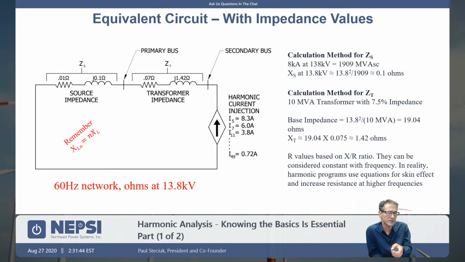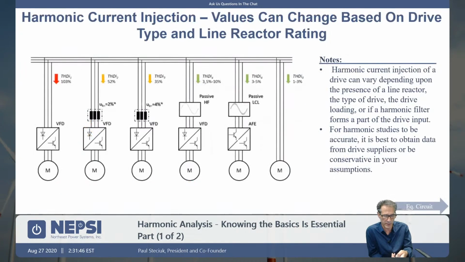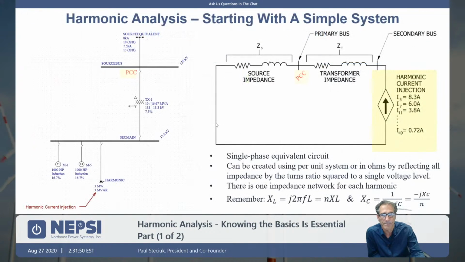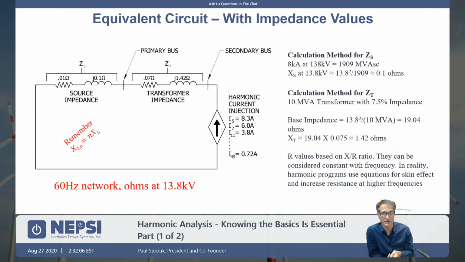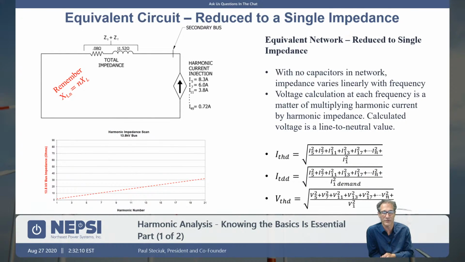So I think if we were to go back, we were at 138, so it would be 13.8 squared divided by 138 squared. So the impedance up here becomes normally very small and oftentimes insignificant, the source impedance. But not always, and this is the case. You have to know when it's insignificant by asking questions or doing the analysis, but oftentimes it's insignificant.